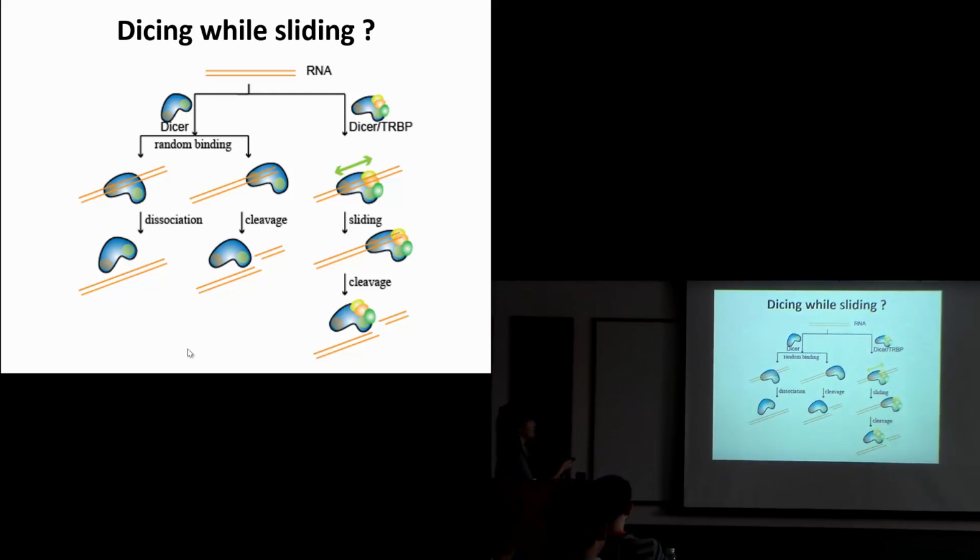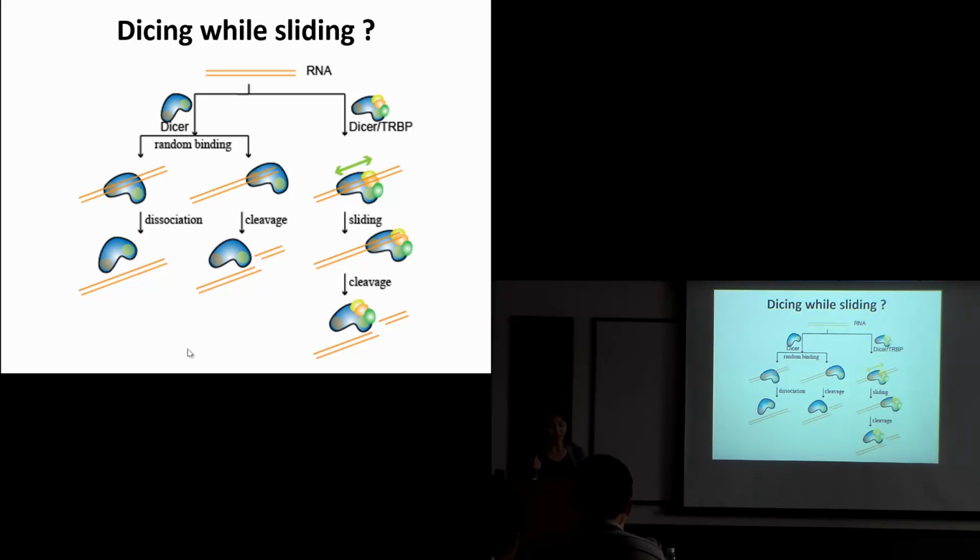Whereas the Dicer-TRBP complex is able to slide along the RNA to search for the cleavage site, and when it reaches it, it can cleave. So we think this TRBP-induced sliding motion plays a functional role, that it facilitates Dicer to find the cleavage site more efficiently. So this could be a rate-limiting step.